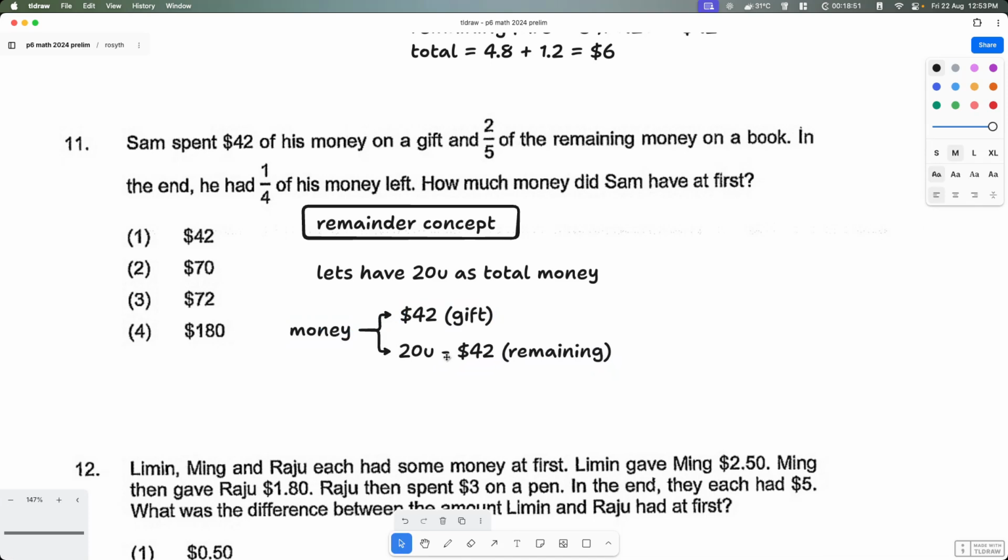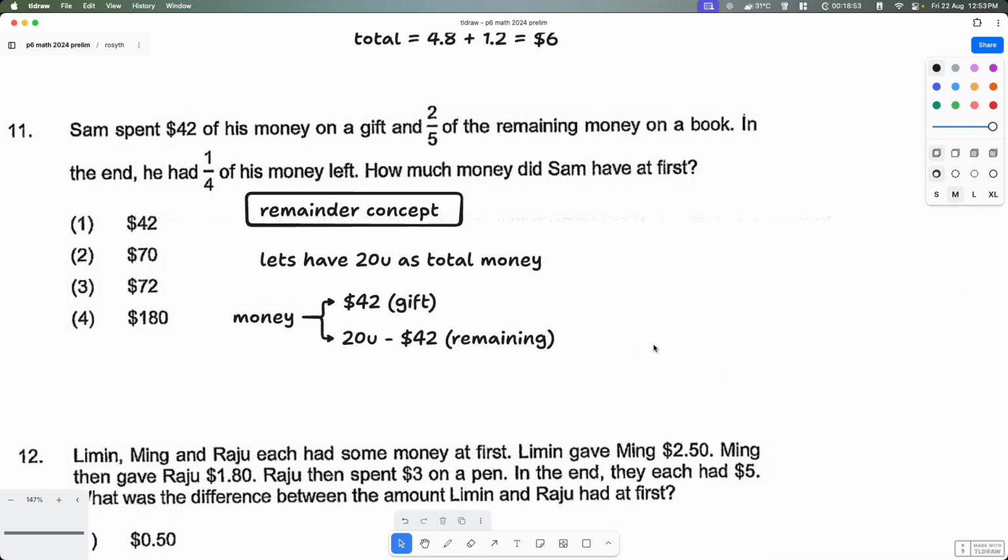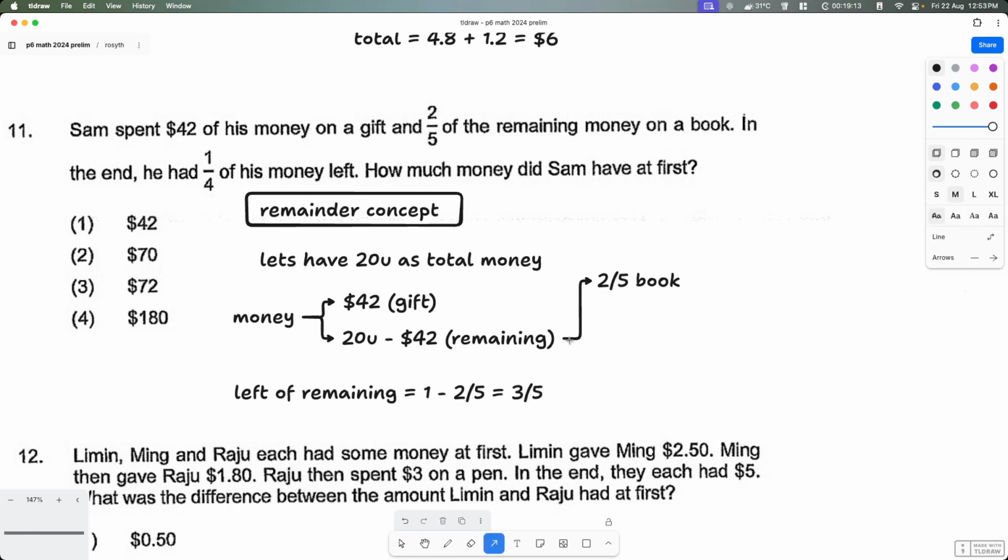Then the remaining itself, 2/5 is on the book, right? Then what's left of remaining is equal to 1 minus 2 out of 5, which is 3 out of 5. So in this case, this is 3 out of 5 remaining left.